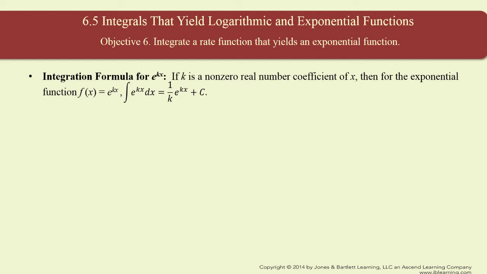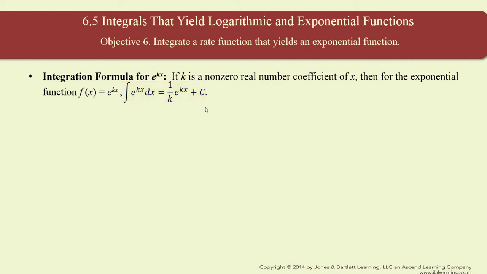If you're ever asked to integrate e to the kx dx, you could go through u substitution. You could let u equal kx and then determine du and do a u sub. But that u sub gives us this little formula that the antiderivative of e to the kx dx is 1 over k e to the kx plus c.